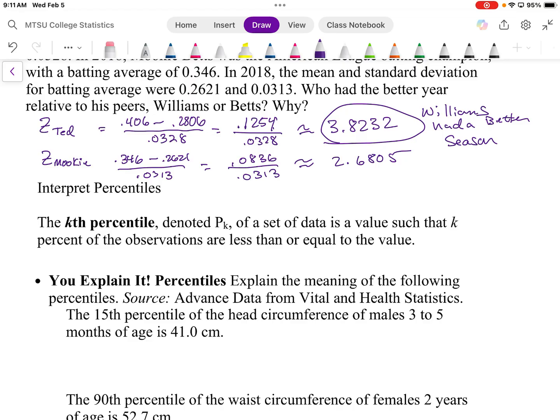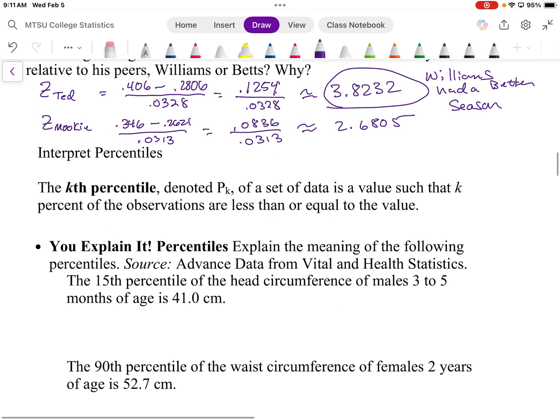If I'm in the 70th percentile, that means I scored better than 70% of my peers in that category or on that test. Now, that also means 30% scored better than me. We always refer to what's less than.